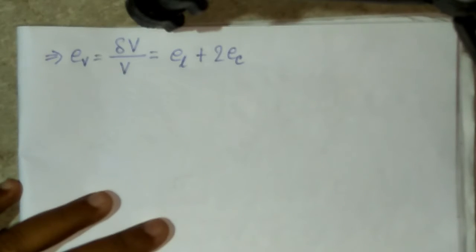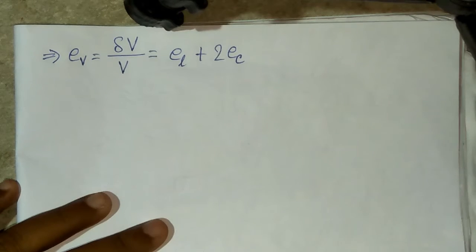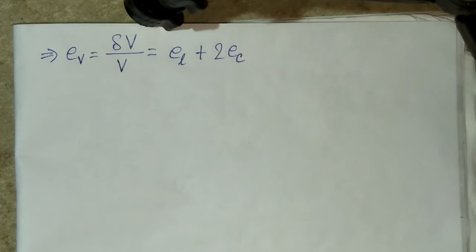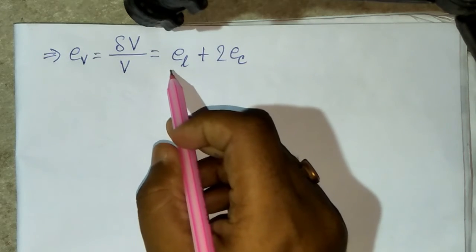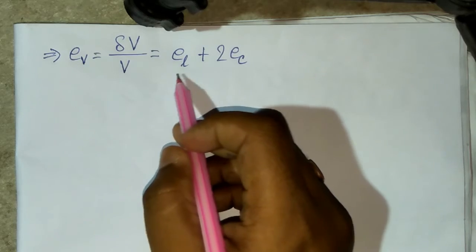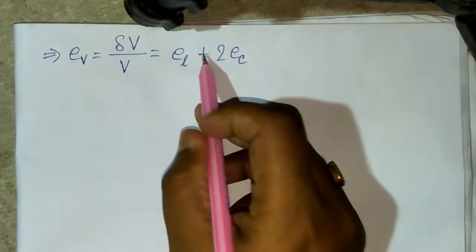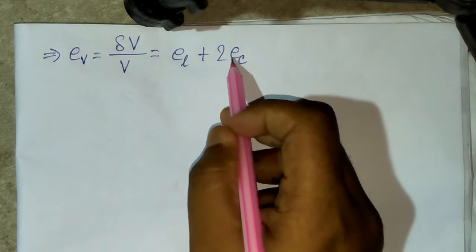We can write delta V by V, the change in volume by the actual volume, as the net longitudinal strain plus 2 into the net circumferential strain.